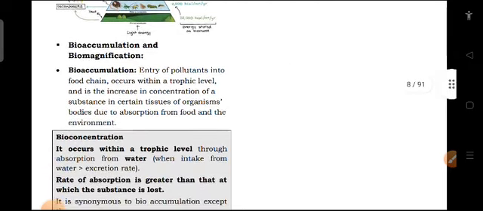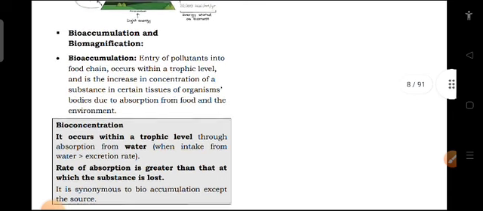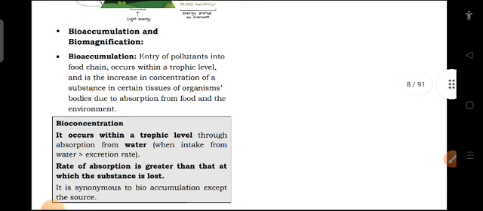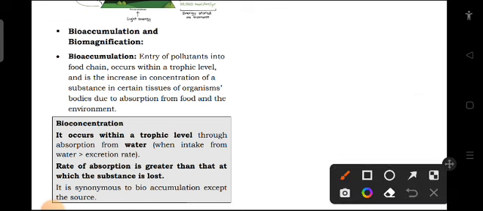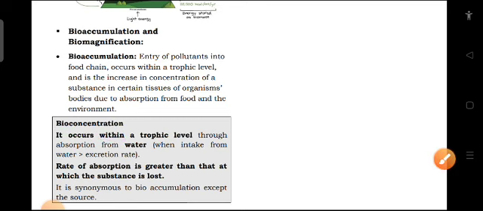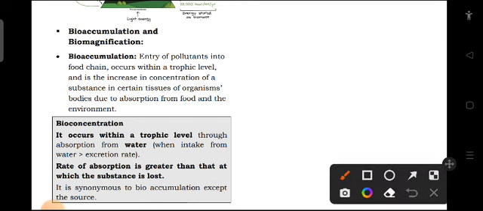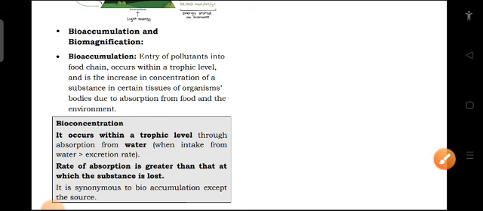So the next concept is bioconcentration. What is bioconcentration? Bioconcentration occurs within a trophic level through absorption from water, when intake from water is greater than the excretion rate. So if that particular increase or absorption occurs through water, the rate of absorption is greater than the rate at which the substance is lost.